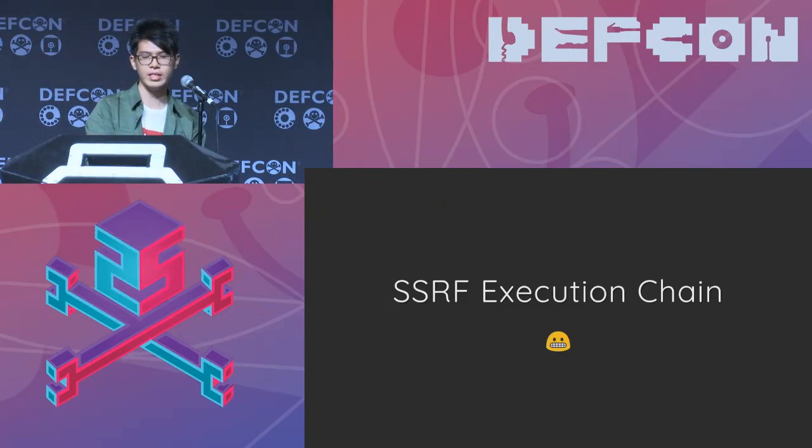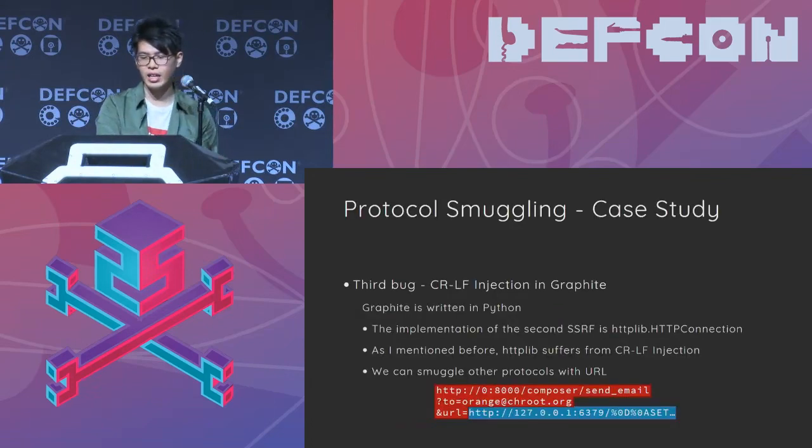So we have 2 SSRFs now, and we can combine these 2 SSRFs into an SSRF execution chain. A cool term, right? And we successfully switched a POST-based SSRF into a GET-based SSRF. The third bug is the CRLF injection on Graphite.